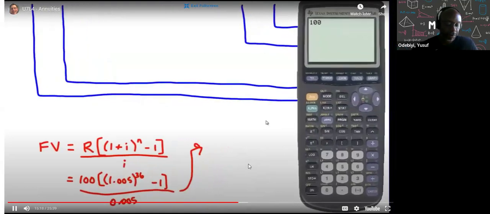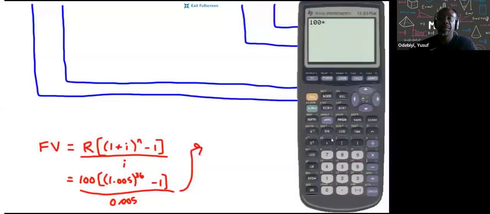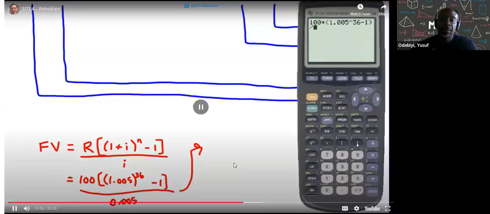100 times, and then in brackets we're going to put 1.005 to the exponent of 36 minus 1, and then all of that divided by 0.005. Okay, you see that? So that's key here.